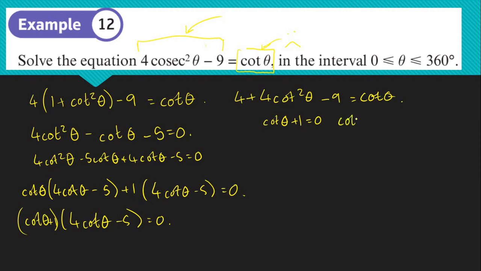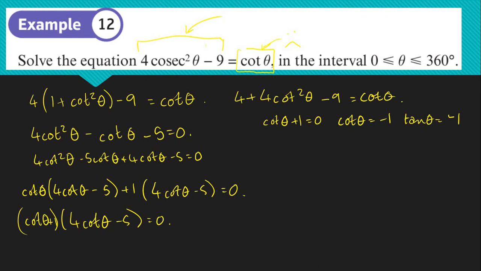So when does cot theta equal negative 1? Well, cot theta is 1 over tan theta, so whenever tan theta equals negative 1, you can mess around with that and figure that one out yourselves. You shouldn't be finding that very difficult.